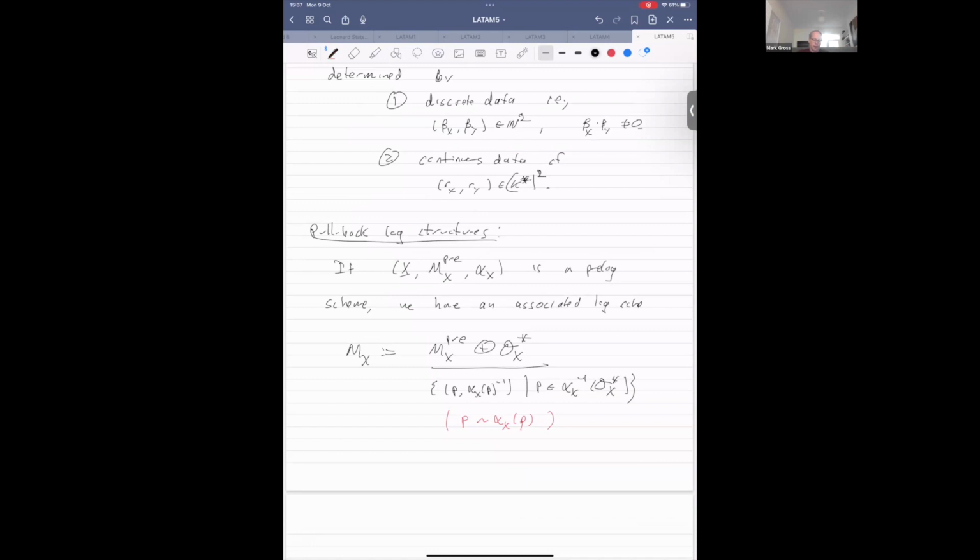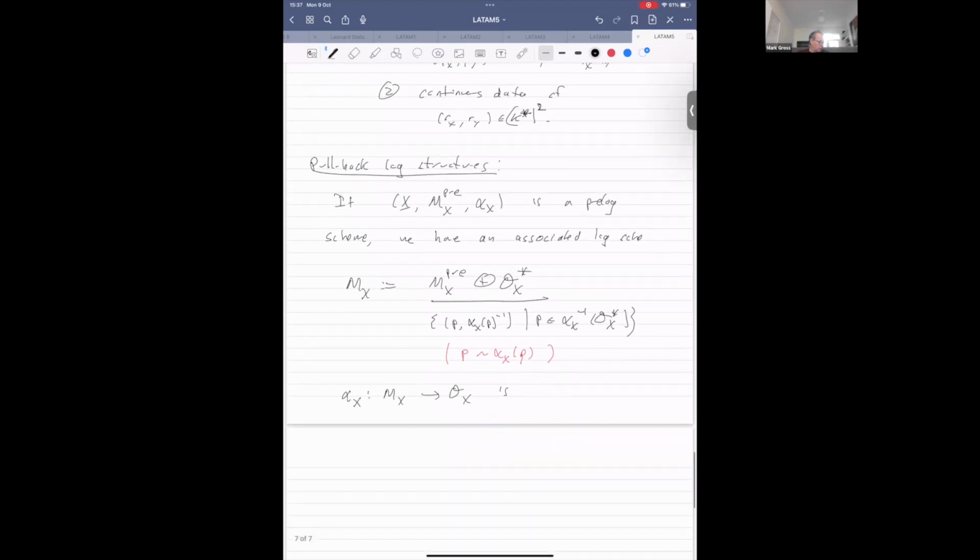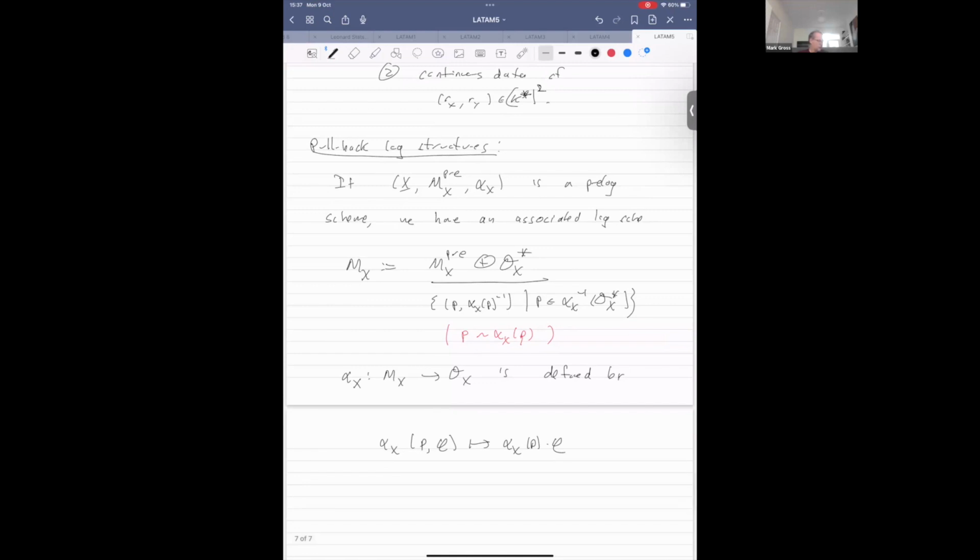And then we define alpha_X from M_X to O_X, given by alpha_X of a pair (P, phi) gets mapped to alpha_X of (P, phi). Okay, that's good. So somehow this distinction between pre-log structures and log structures isn't so important.